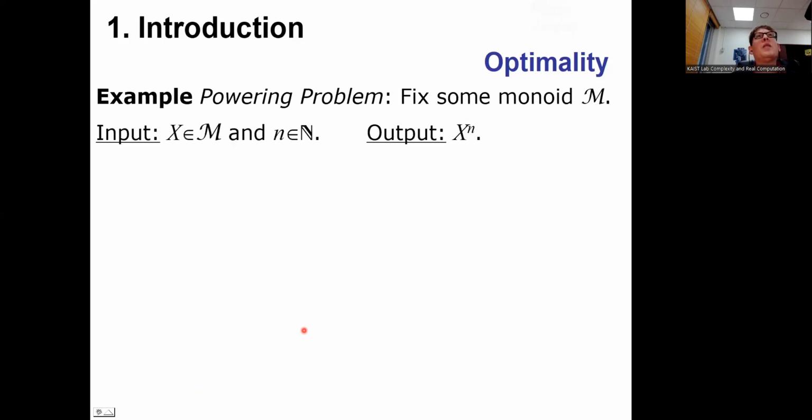And the powering problem is the following: given an element x from this monoid, an integer or matrix or whatever, raise that to the nth power, where n is arbitrary but fixed. Okay, and how are you supposed to solve that algorithmic problem? Well, it's well specified, right? We can repeatedly multiply x using the operation.